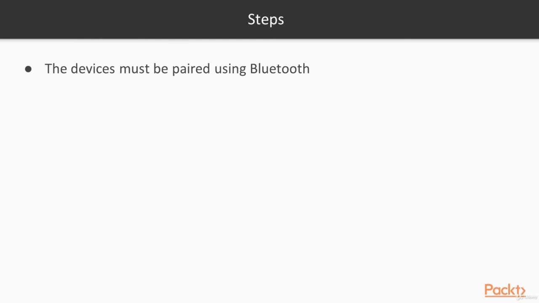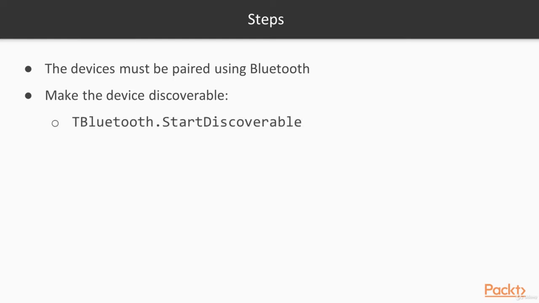Before your application can connect to a remote application using Classic Bluetooth, the devices running each application must be paired with each other using Bluetooth. On most platforms, you can request your user to make the device that is running your application discoverable. You can call TBluetooth.StartDiscoverable to start a request and handle the TBluetooth.OnDiscoverableEnd event.